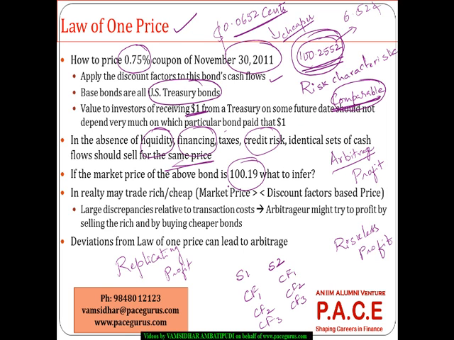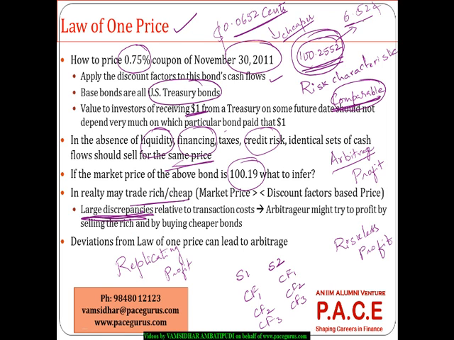Compared to that, this bond is cheaper. So they are trading in some cases richer or cheaper. When the market price is lesser than this particular price, we call it cheaper, otherwise we call it expensive. And this is where the arbitrage opportunity might come up, especially if the discrepancies are very, very large.